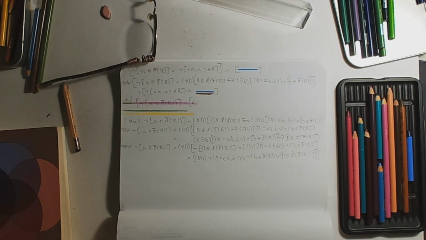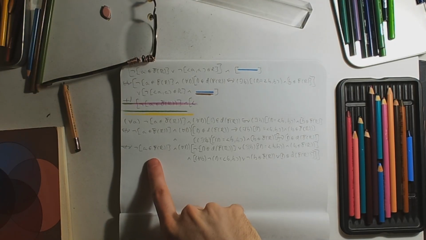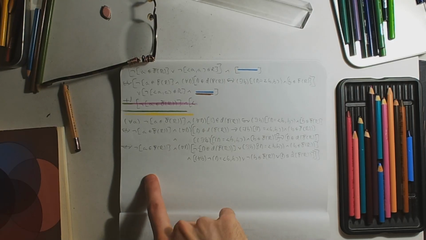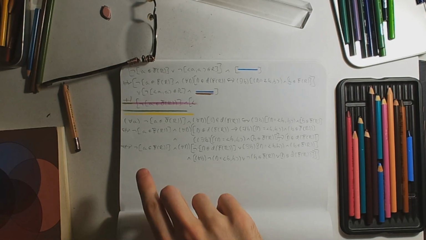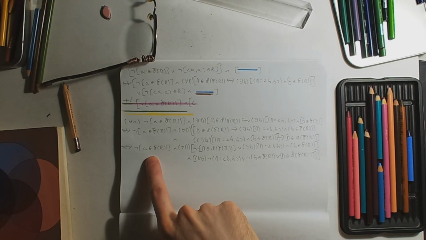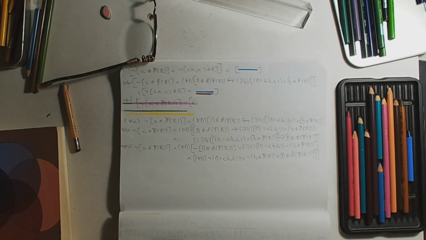If A is an element of the field of R, then either A is an element of the domain of R or A is an element of the range of R. And then the domain and range definitions reference ordered pairs that are elements of R. So A is an element of the domain of R if and only if there exists a B such that the ordered pair AB is an element of R. So all we should be able to derive from this, not A is an element of the field of R, is that there are no ordered pairs in R. Not that R is equal to the empty set.